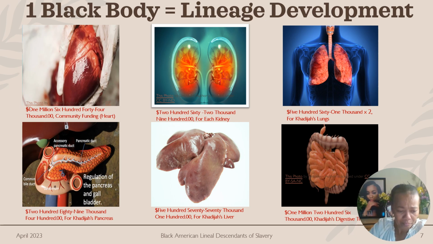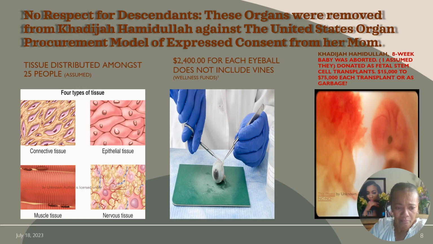Anyway, on this page, I just said no respect for descendants, and that means no respect for any of us. These organs were removed from Khadijah Hamidullah against the United States organ procurement model of express consent.